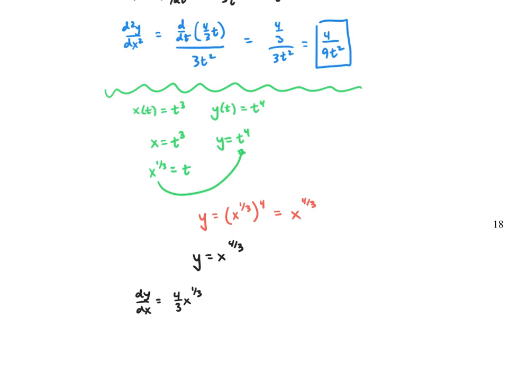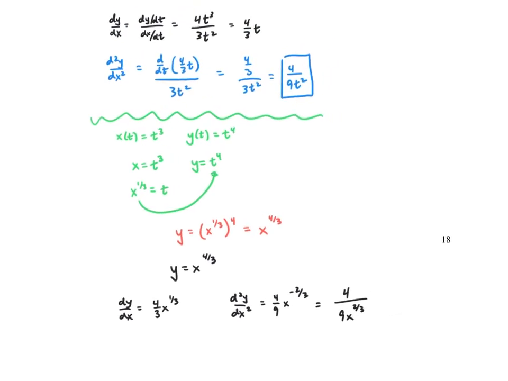So no longer is the t cumbersome. Then we're going to do the second derivative, and that's going to be the power rule yet again. We're going to get 4/3 times 1/3, so 4/9 x to the negative 2/3 power, and that gives us 4 divided by 9 times x to the 2/3. Now, you might say to yourself, are these two the same?